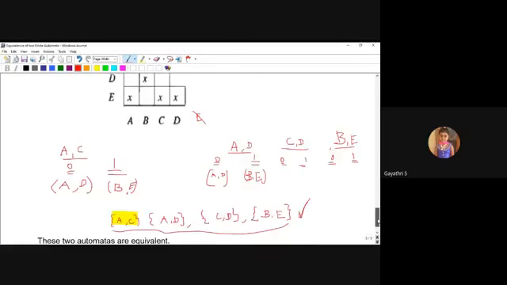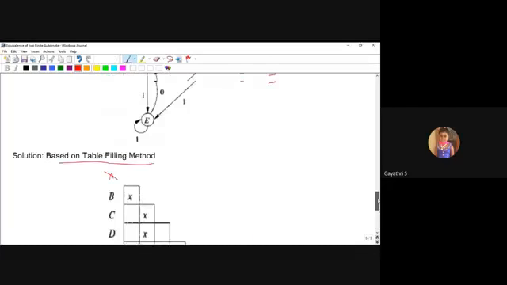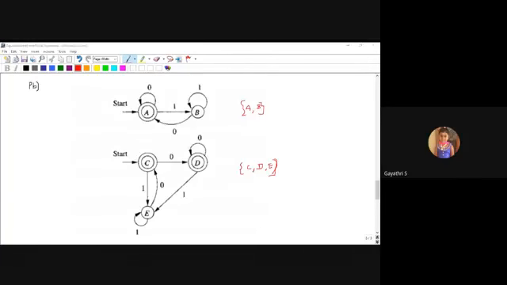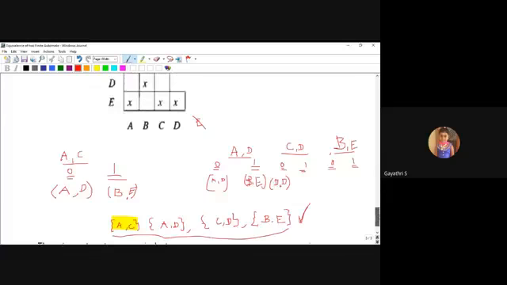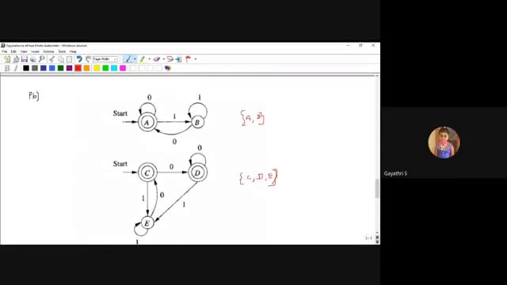Same pair, no need to proceed on this kind of pair in the table filling method. CD on 1, no need to proceed with this kind of pair. Leave it. BE on 0 and 1.